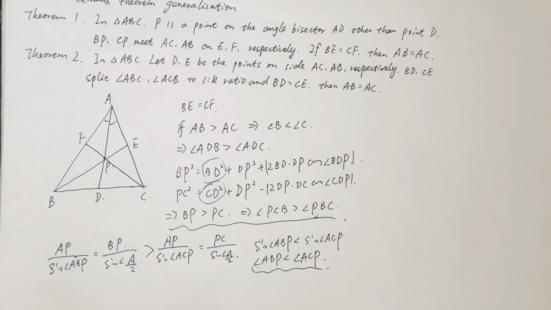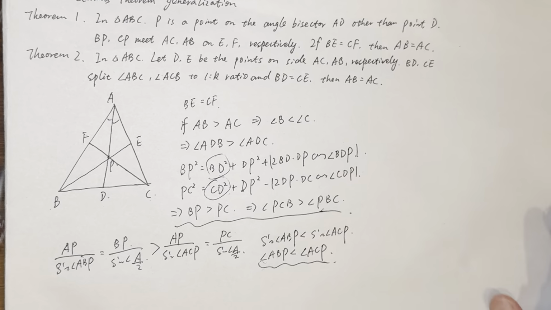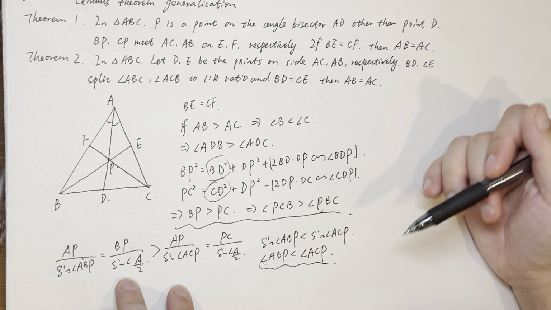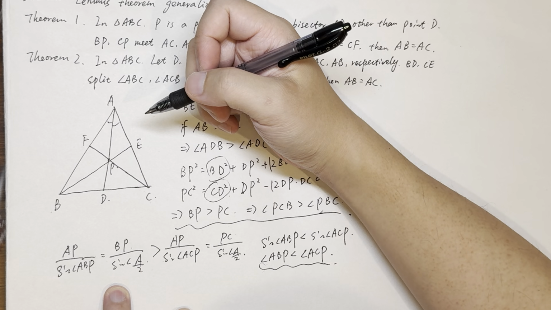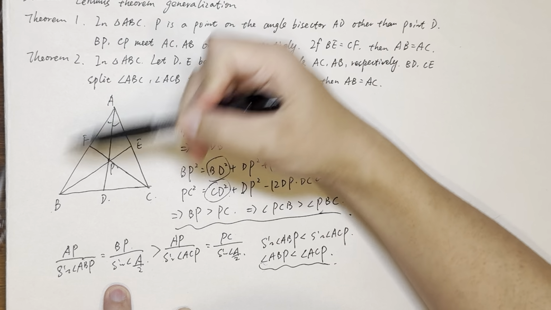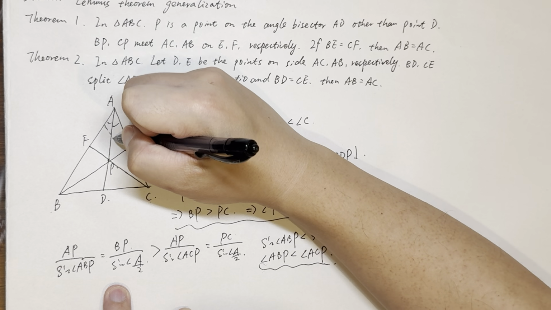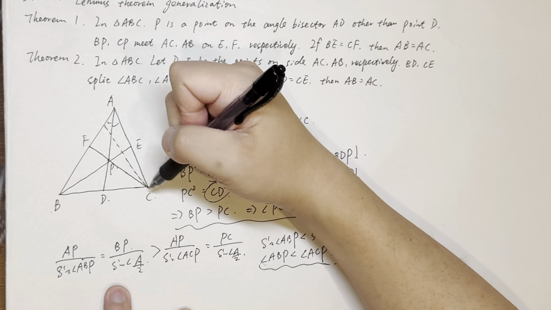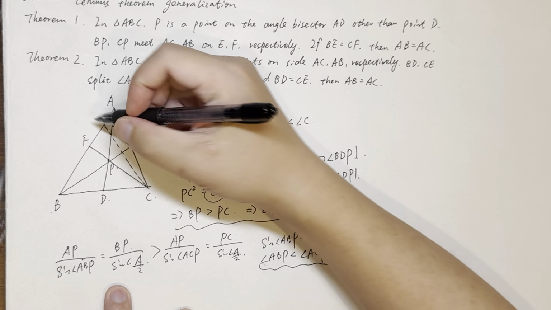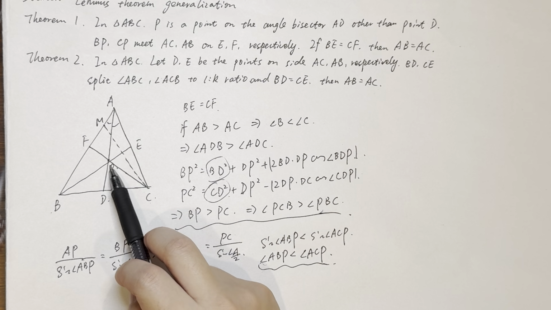You recognize this one, and we know that BE equals CF, so you can remind yourself that, oh, now I know this question. We can simply draw an auxiliary line here because ABP is less than ACP. So we can find a line here that makes angle PCM equal to angle PBA.